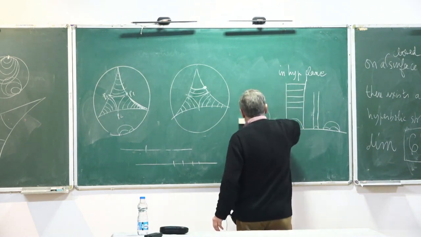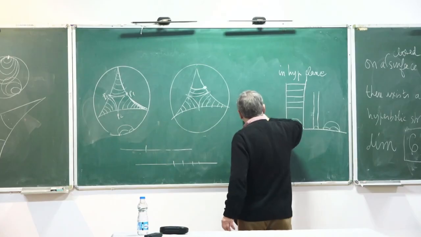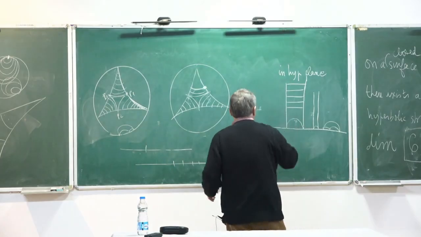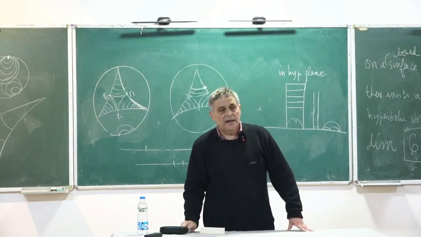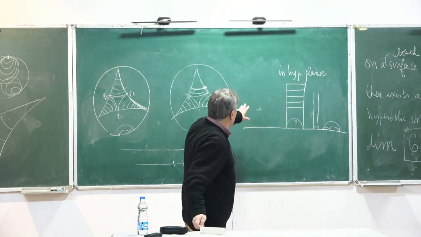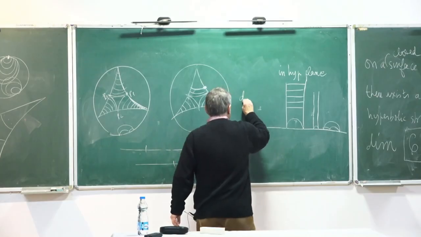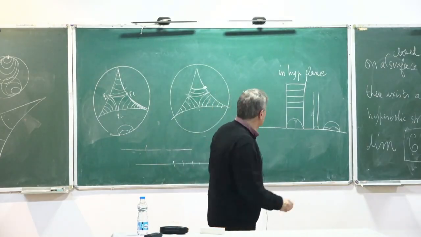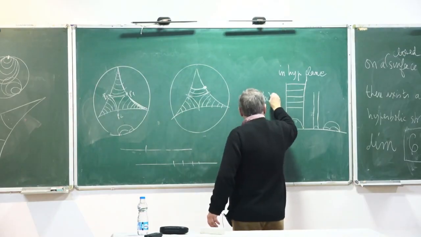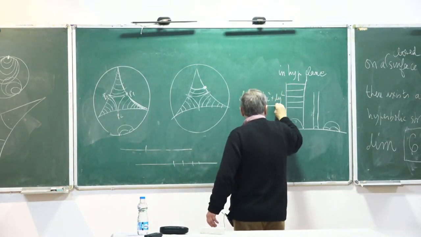Okay. So, a very small computation. For those who do not know, can somebody give me the formula for the length element in the hyperbolic plane? What do I have to write here? So ds squared equals dx squared plus dy squared divided by what?